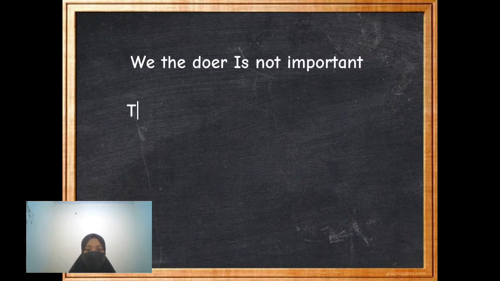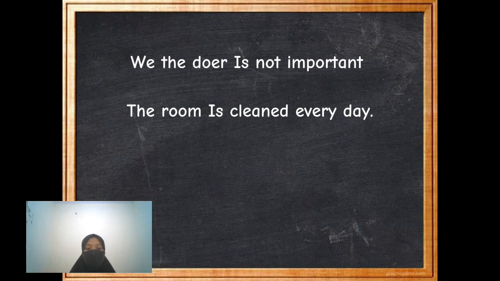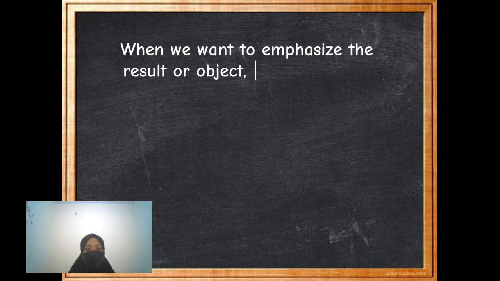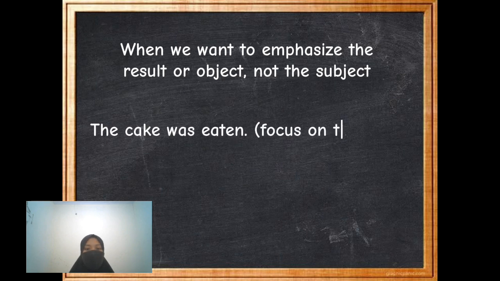Next, when the doer is not important. For example, the room is cleaned every day. Next, when we want to emphasize the result or object, not the subject. For example, the cake was eaten. The focus is on the cake, not on who ate it.